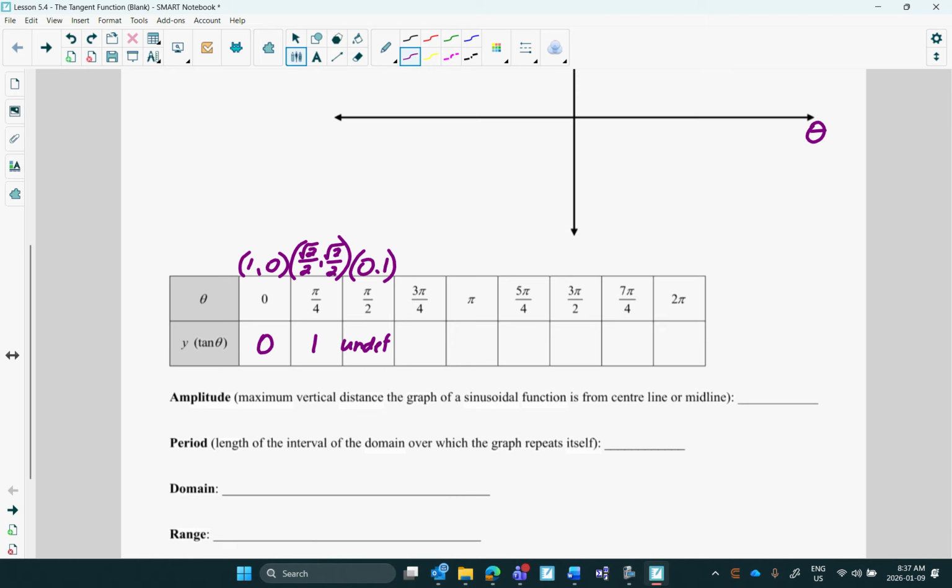And then if we continue on, 3 pi over 4 is negative root 2 over 2, comma root 2 over 2. So dividing the y by the x gives us negative 1. Pi is at negative 1, 0. 0 divided by negative 1 is 0.